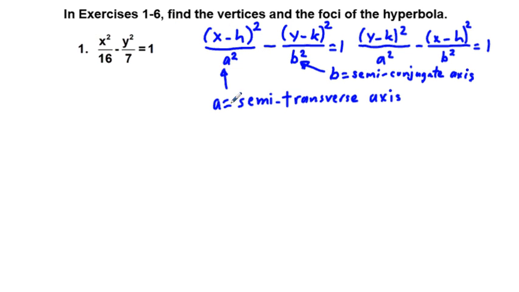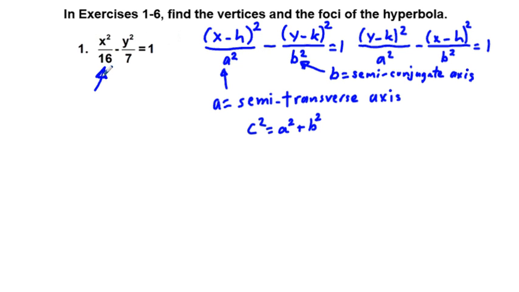Find the vertices. For the foci, it's really the Pythagorean theorem. We have c squared equals a squared plus b squared. So let's go ahead and look at this. Now, for this one here, we don't have anything with the x. We don't have a minus h or a minus k for the y.